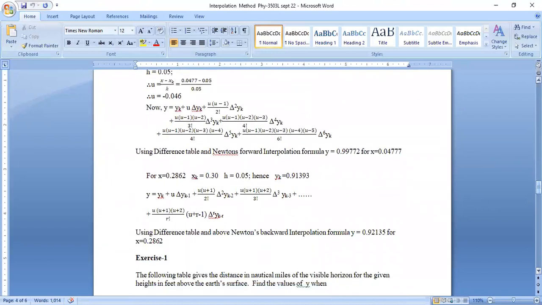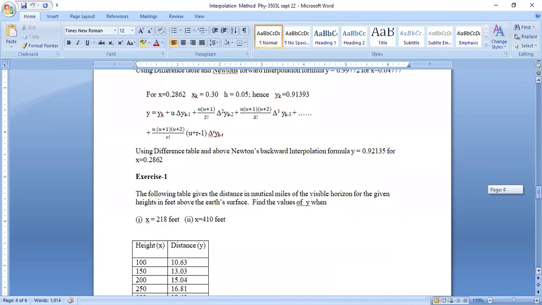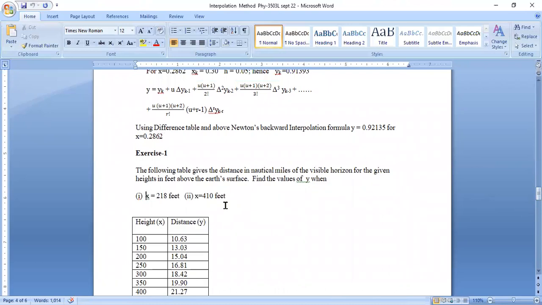I request you to verify the value of y for a given value of x equal to 0.2862, and then solve this exercise and interpolate this x for the forward interpolation, and this is for the backward interpolation. So you have to include problem number one and exercise number one in your journal.